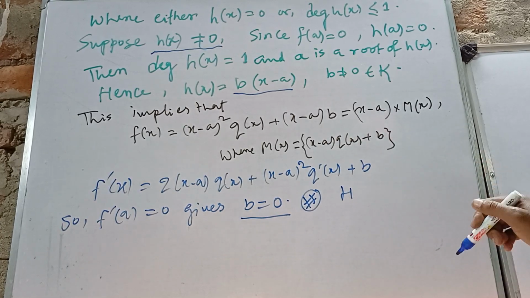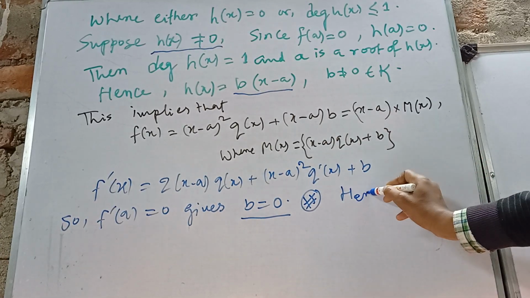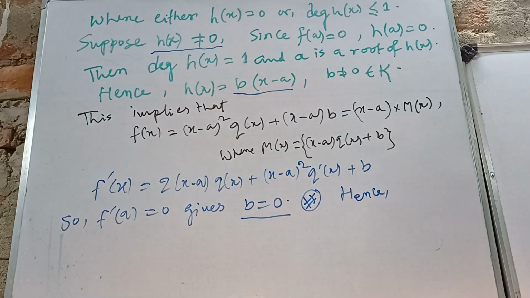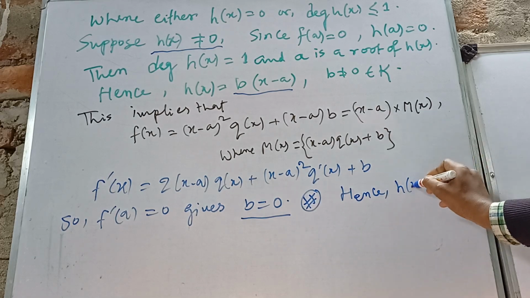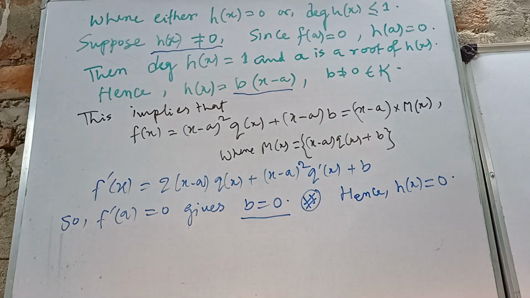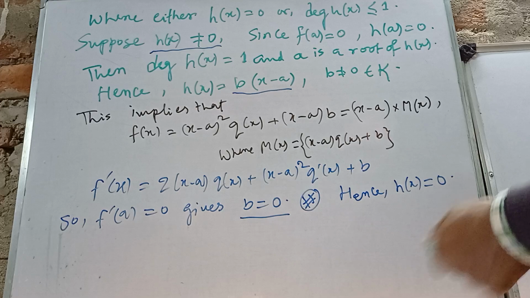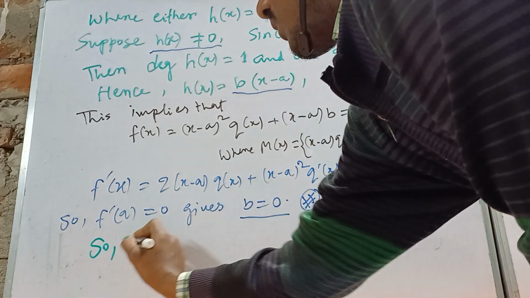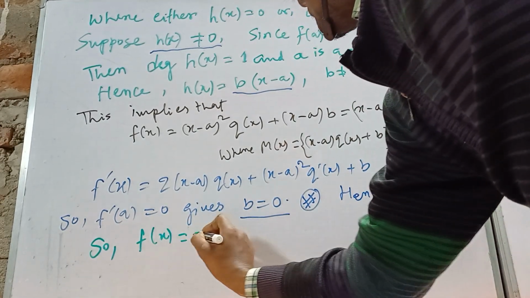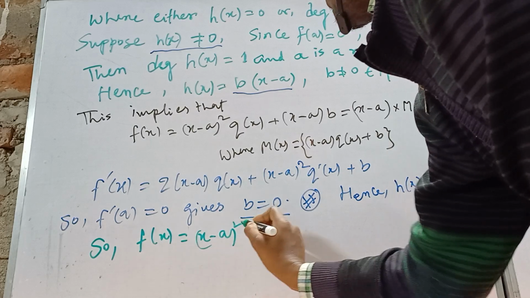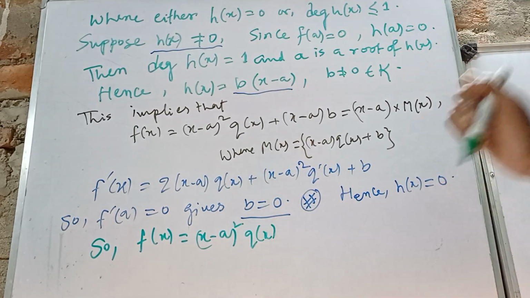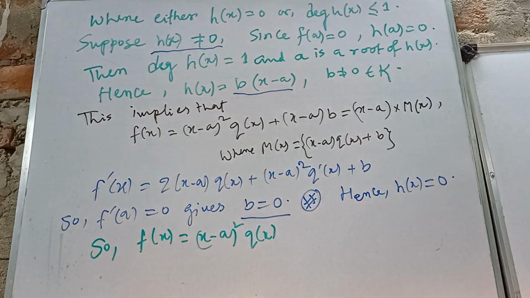So one contradiction occurs here. Hence h(x) equal to 0, and so f(x) equal to (x minus a) whole square q(x). Not a problem at all.